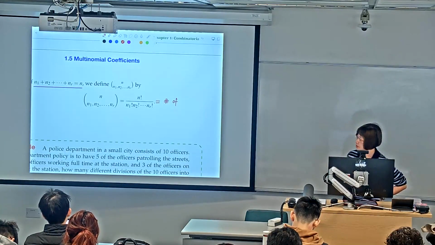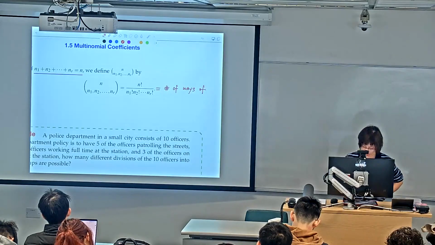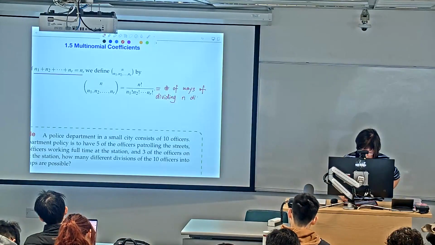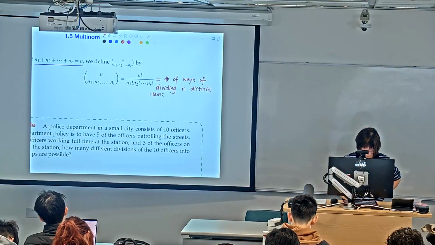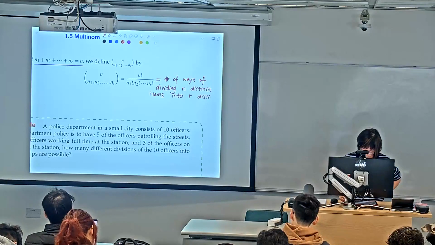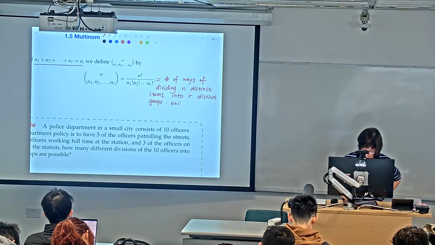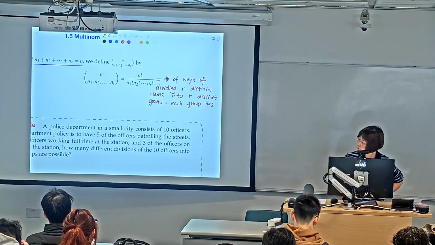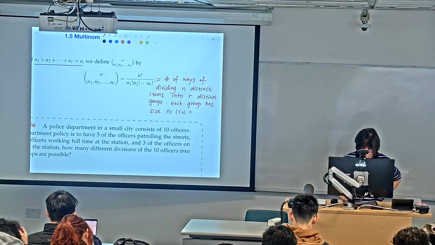So this number is the number of ways of dividing n distinct items into r distinct groups, where each group has size n_i, where i goes from 1 to r.